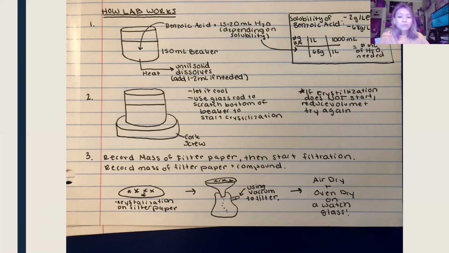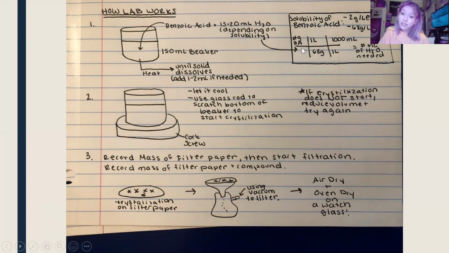So we get that benzoic acid and the amount of water depending on the solubility. And you're probably wondering when you read through that lab, how do I find the amount of water that I need? By the way, I put just a range right here, 15 to 20 depending.